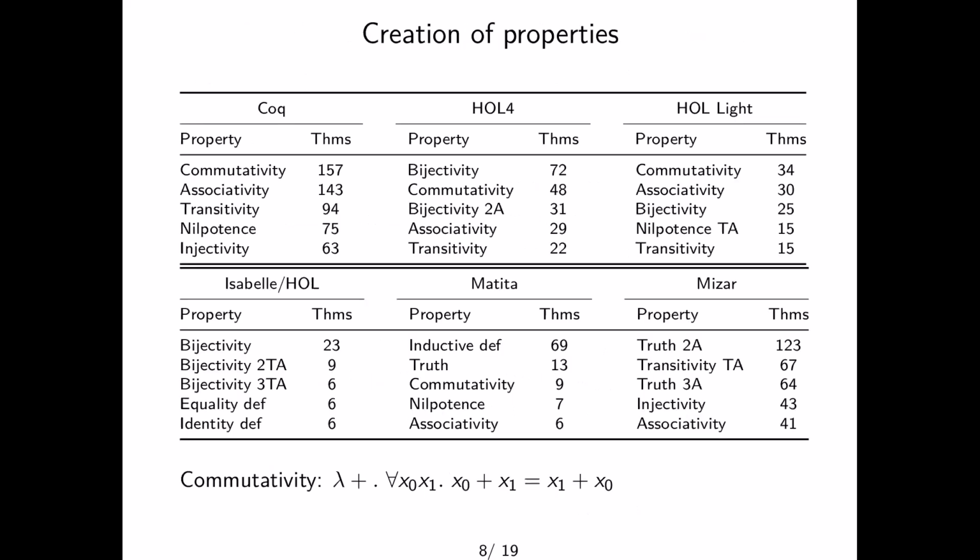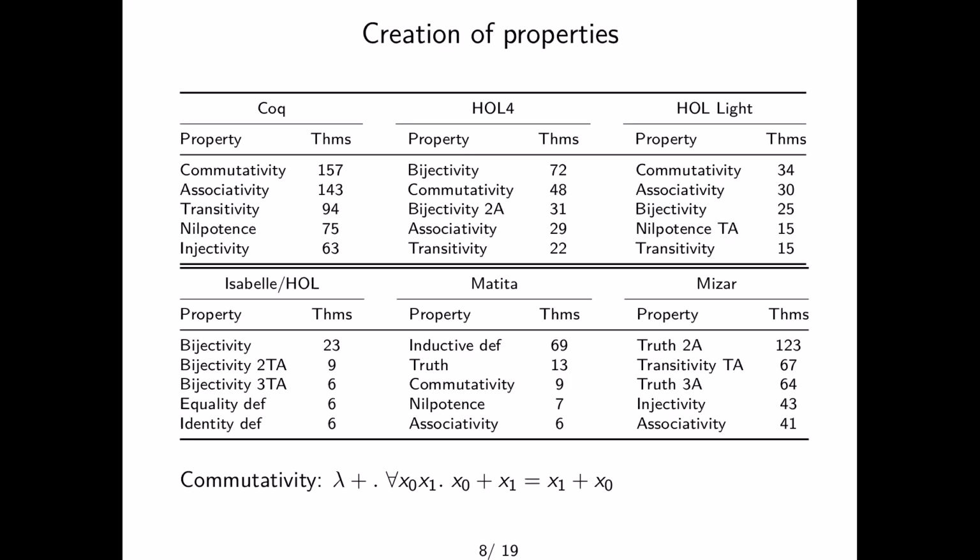So here we took all the libraries and we took all the theorems, and for each of the theorems we constructed one or sometimes two properties, depending on if we apply this concept of subterm conceptualization.